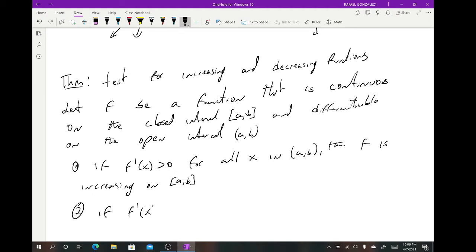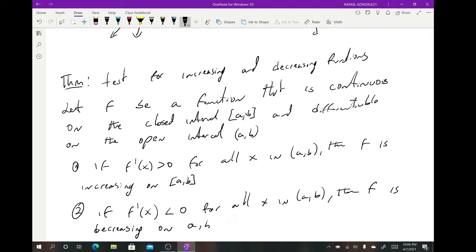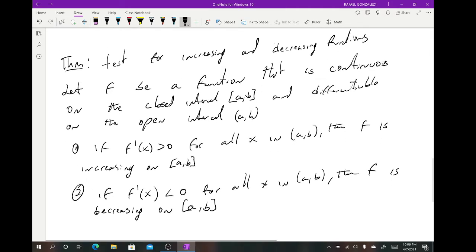If the derivative of f is less than 0 for all x's, and remember, when I say for all x's, I just mean for all numbers on the open interval (a, b), then f is decreasing on the closed interval [a, b].